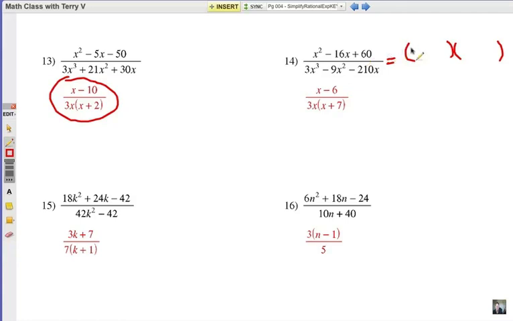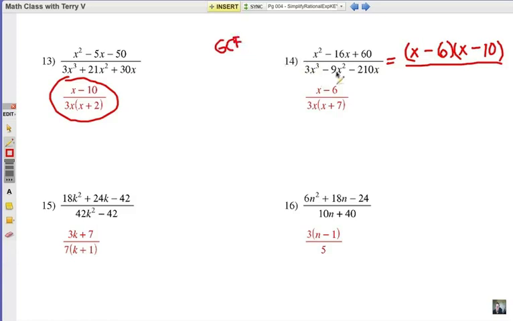Well, we know these are going to be x's here. And I'm going to choose a 6 and a 10. All right? And those are both going to be negatives there, or subtraction, because we're going to have a negative 16x middle term there. Now the very first thing, always look for that GCF, greatest common factor.